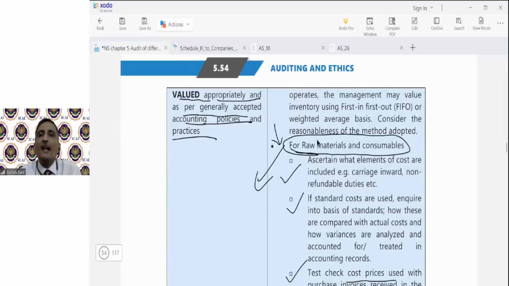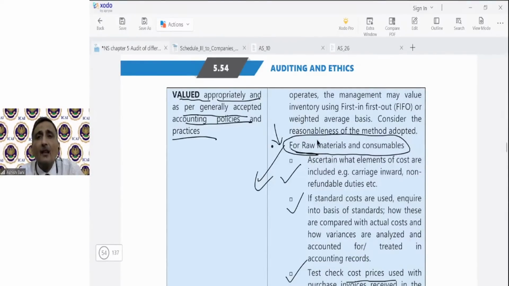So the management, as part of its internal control system, as part of its internal control procedures, it may have devised a system to physically verify inventories at regular intervals.